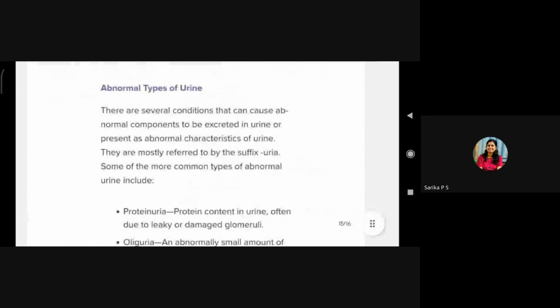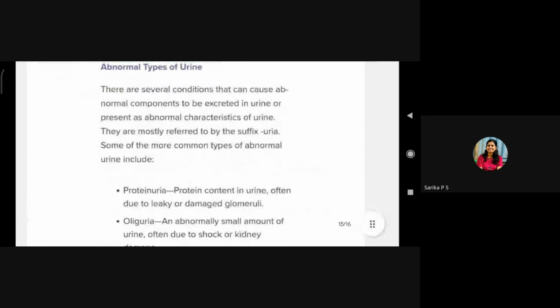some abnormal types of urine we should know about. There are several conditions that can cause abnormal components to be excreted in urine or present as abnormal characteristics of urine. They are mostly referred to by the suffix uria.